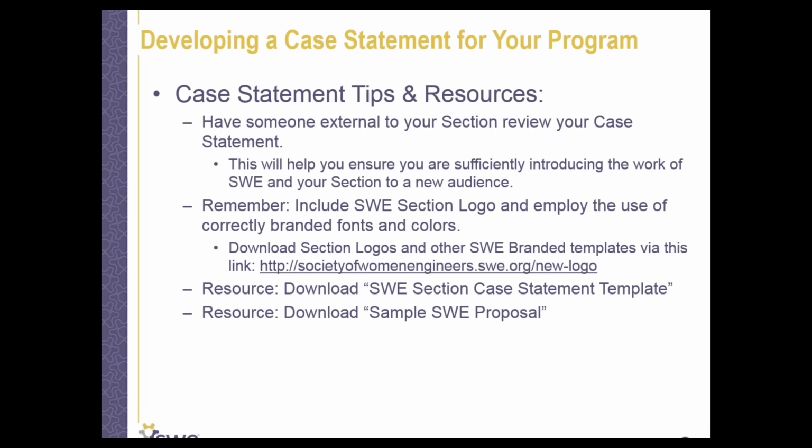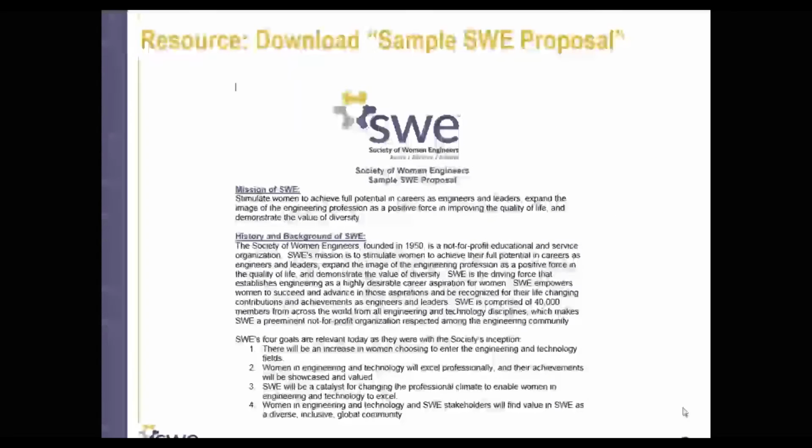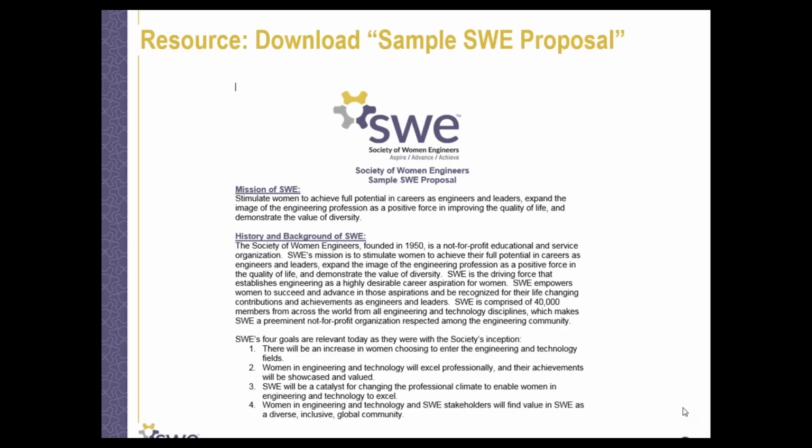And here's a quick overview of the two resources that we've included at this juncture of the presentation: the SWE section case statement template and a SWE sample proposal. Here's a screenshot of the SWE sample proposal. As you can see, the mission of SWE is front and center, along with a history and background of SWE.